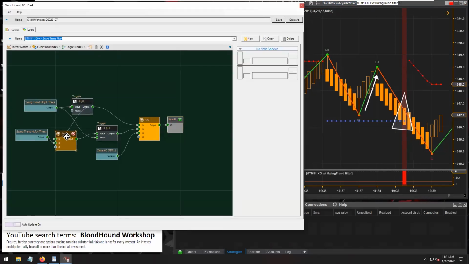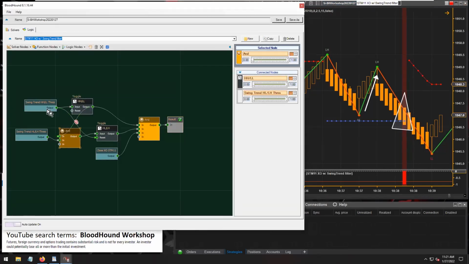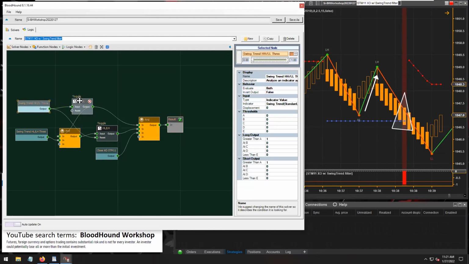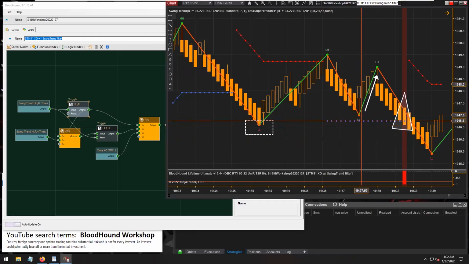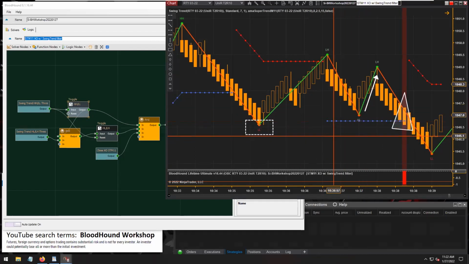Getting back to the point here, we need a way to reset the toggle node for the higher highs and lower lows when this higher low gets locked in.